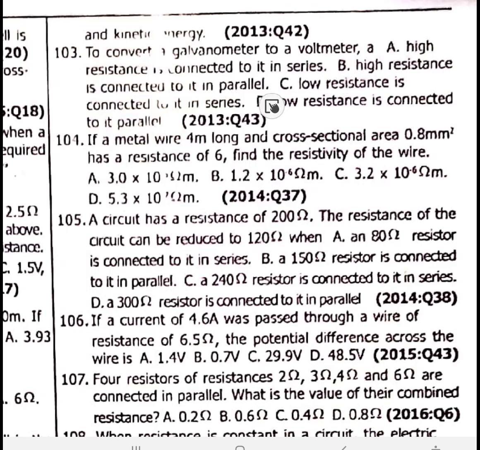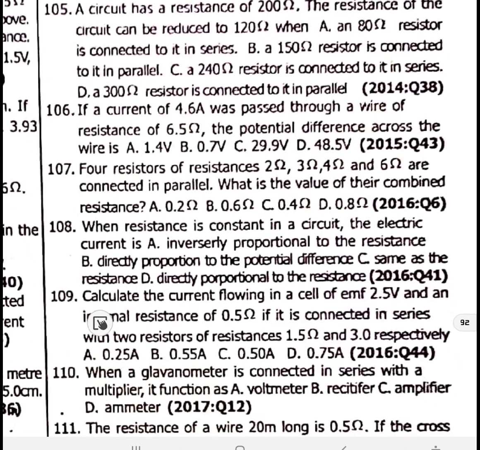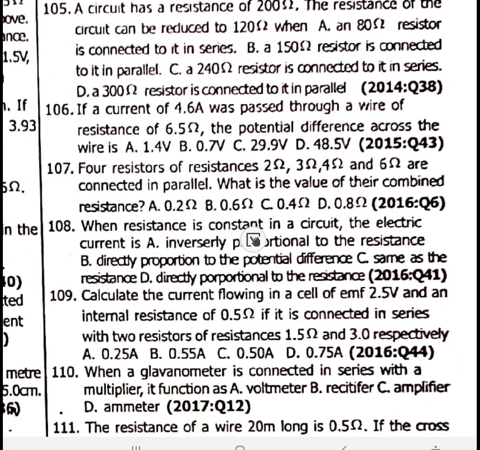103. To convert a galvanometer to a voltmeter, high resistance connected in series. Option A. We've done that one like 4 times already. So you see what they repeat a lot. When resistance is constant in a circuit, what will happen to the electric current? The electric current would be directly proportional to the potential difference.